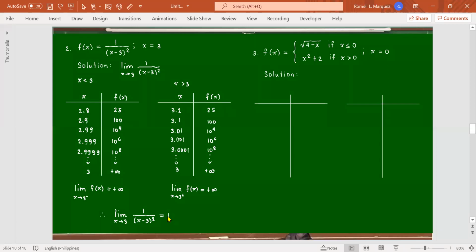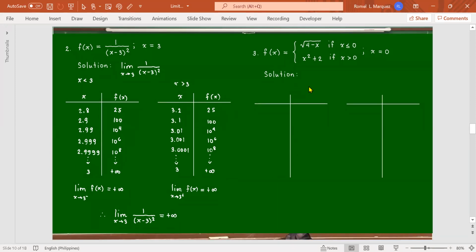Positive infinity. So this limit does not exist, but specifically, the values of f of x keep growing as x gets closer and closer to 3. Okay, guys?